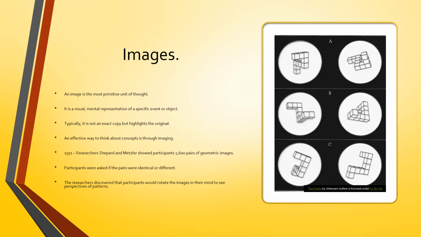So if you look at this, you can see that it is the same shape, and even though we can't physically turn the shape, we can turn it in our mind to match the images, right? So if you look at A, you can turn it to match that. If you look at B and C, if you take a mental look at that, you'll see that you're able to turn those to make them matching pairs, and that's what thinking and images involve.